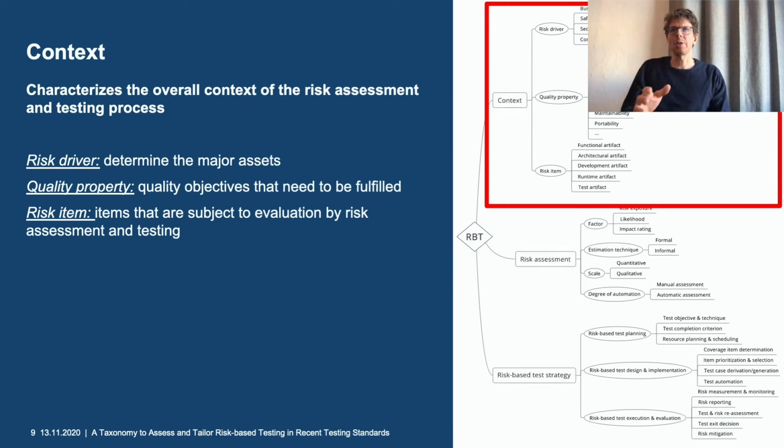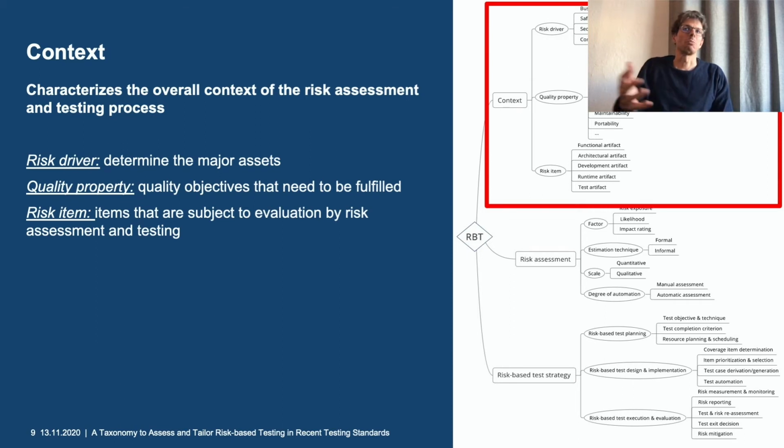And then we have the quality property. These are the quality objectives that need to be fulfilled to mitigate risks. So this category answers the question of which quality properties might help mitigate the risks that we identify. Here we have standardized quality properties from the ISO, like functional suitability, reliability, usability, etc. And then we have the risk item, which is the item under assessment, the item that is subject to your risk evaluation.